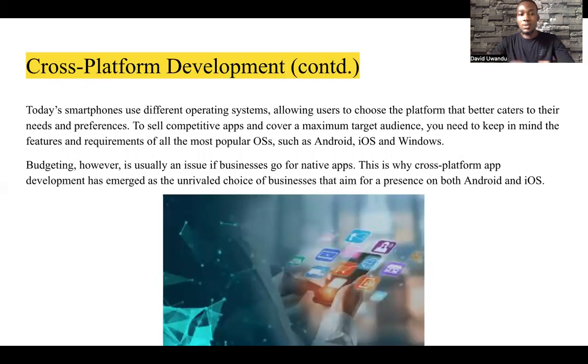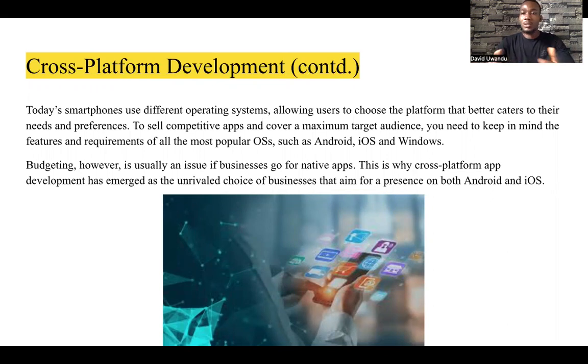Now, today's smartphones use different operating systems, allowing users to choose the platform that better caters to their needs and preferences. Now, to sell competitive apps and cover a maximum target audience, the features of these popular operating systems, such as Android, iOS, and Windows, have to be kept in mind.